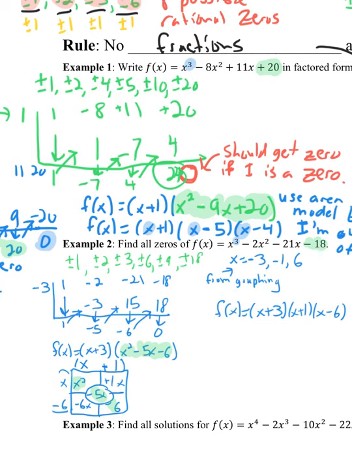All right, and then this problem, though, just make sure we're answering the question. It asks us to find the zeros, not the factored form. Like the first problem asked us to write it in factored form. Whoops. This problem actually asks us to find the zeros. So the zeros would be x equals -3, -1, and 6.